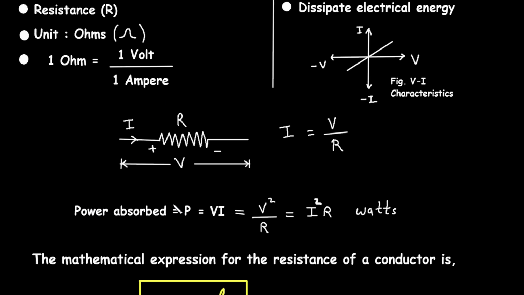Power absorbed is given by P is equal to V into I, or V square upon R, or I square into R. These are the formulas for calculating power absorbed, and its unit is watts.